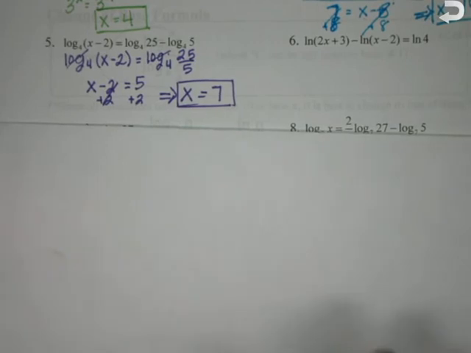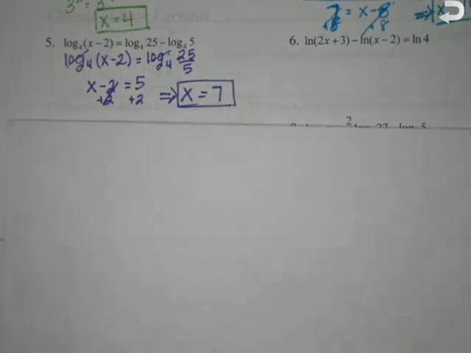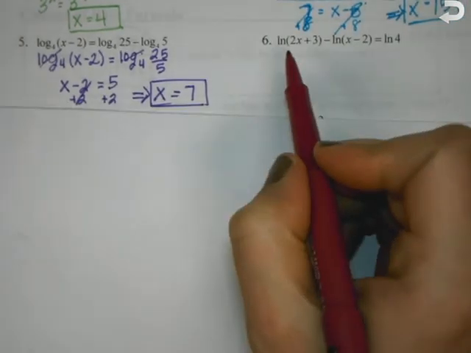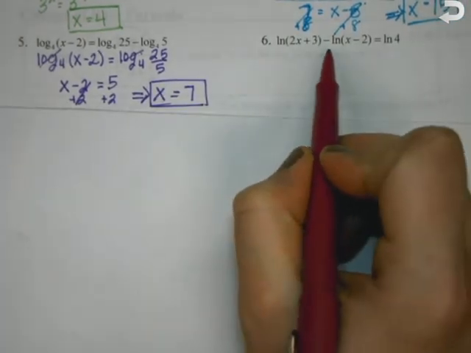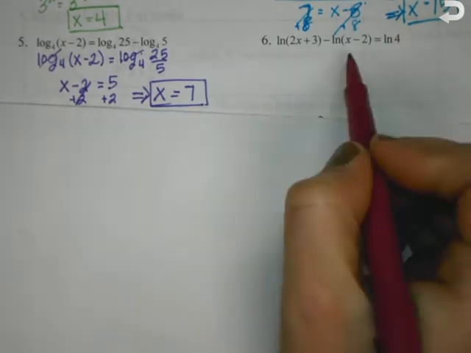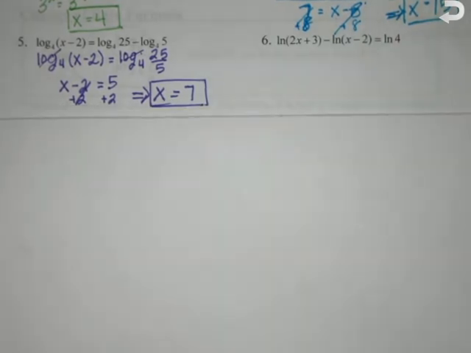Okay. How about number 6? I have natural log of 2x plus 3 minus natural log of x minus 2 equals natural log of 4. What rule do I have to do here? Quotient rule.